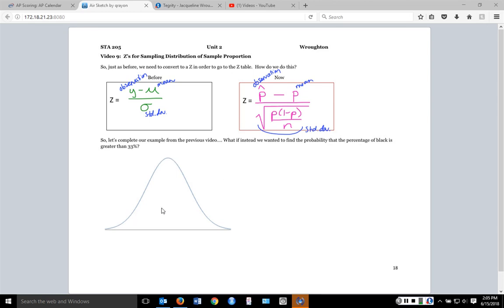So let's see if this makes sense as we actually answer our question we ended the last video with. So I'm going to start by drawing my same picture that we had. We went up to 3 standard deviations away. And then we had done our calculations. So this is the exact same picture we ended the last video with.